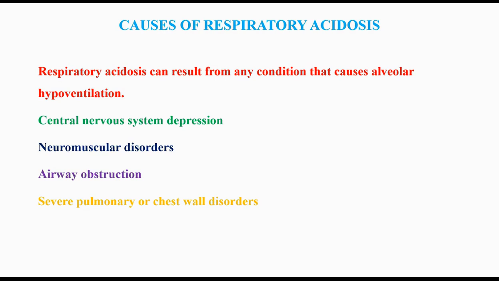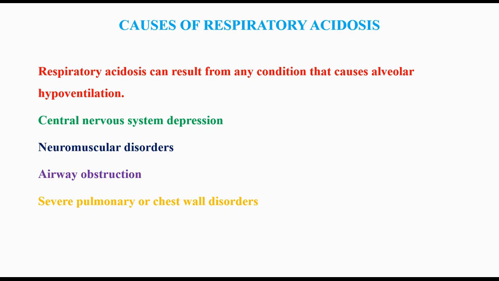Conditions such as myasthenia gravis, Guillain-Barré syndrome, spinal cord disorders, and severe muscle weakness can impair respiratory muscle function. As a result, alveolar ventilation decreases, carbon dioxide is retained, and respiratory acidosis may develop.